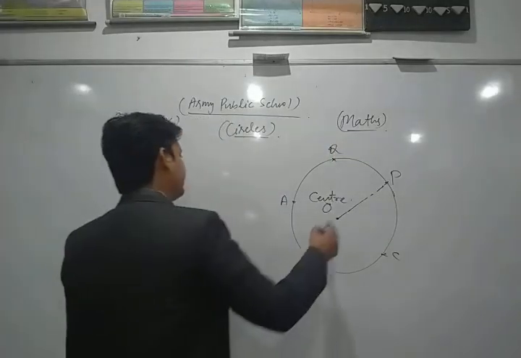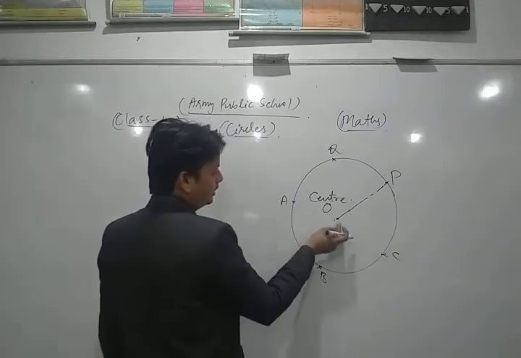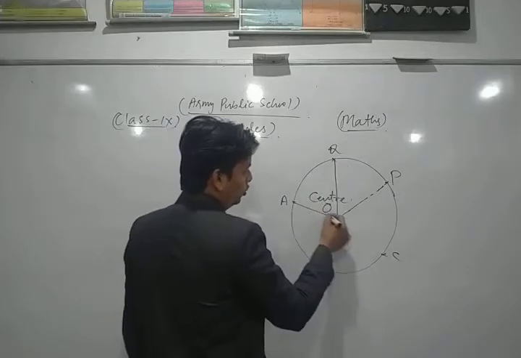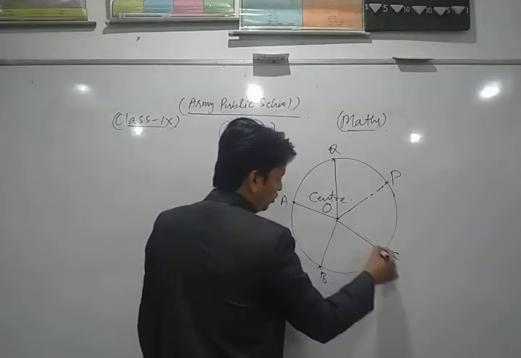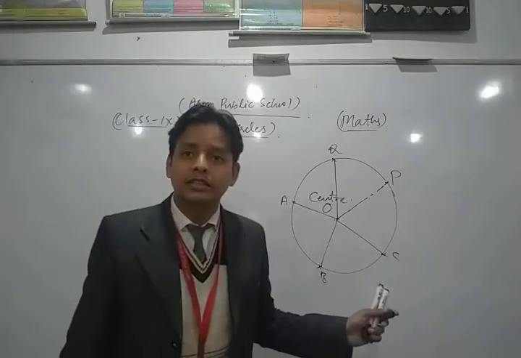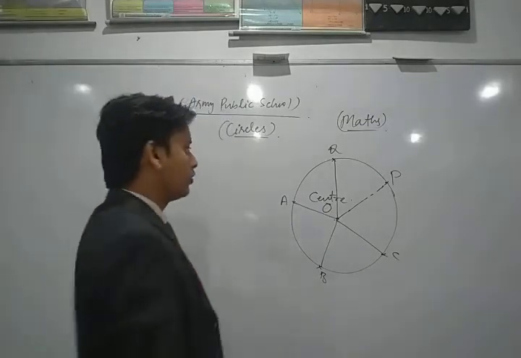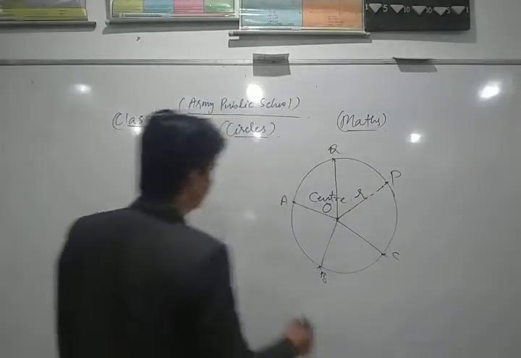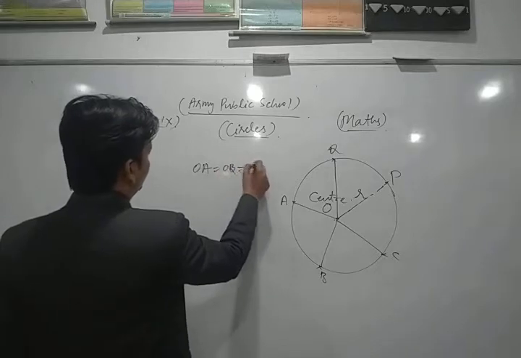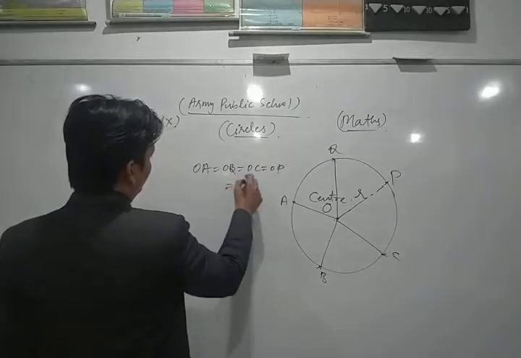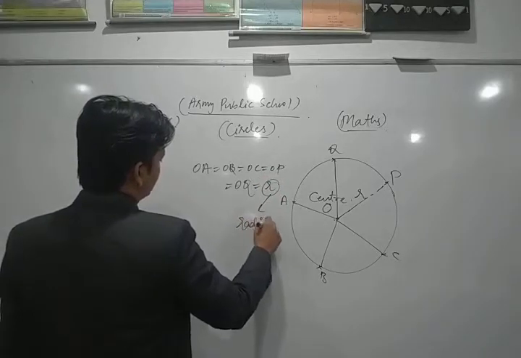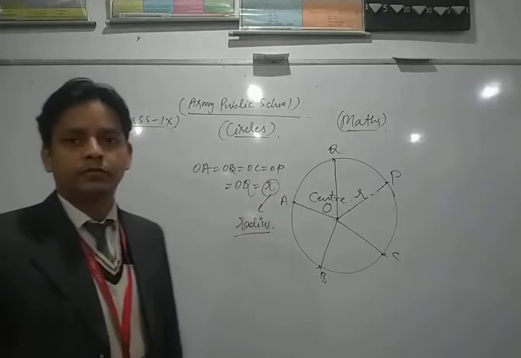The distance between the center and any point on the circle, like OQ, OA, OB, OC and OP, remains constant, and that constant distance is called the radius of the circle. It is represented by R, that is OA is equal to OB is equal to OC is equal to OP is equal to OQ, each equal to R. This is the radius of the circle.